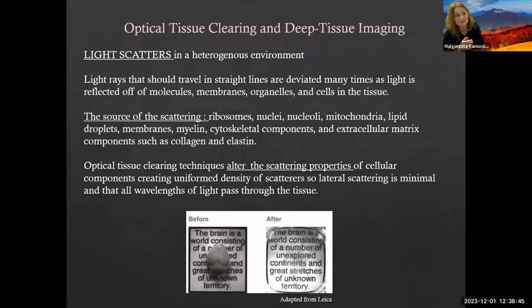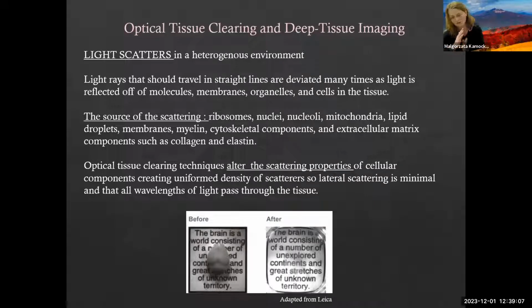So lateral scattering is minimal, and then we can have a wavelength of light passing through the tissue. I want you to understand that optical clearing is not to eliminate scattering. The light scatters in a heterogeneous environment, only in a vacuum it doesn't. So we just make it uniform, I would say.